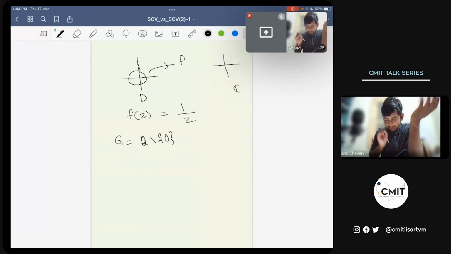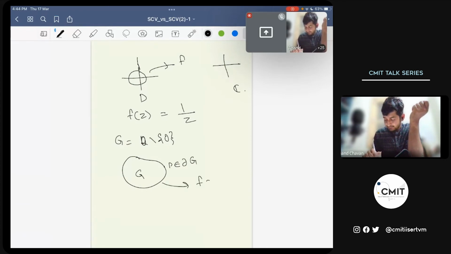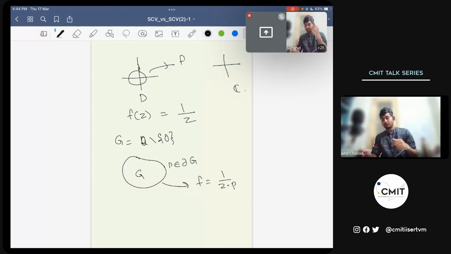Take any set in the complex plane, say this set, and consider just one point P on the boundary of G, and I will define a function f equal to 1 over z minus P. Now, if I want to extend this function to a bigger domain than G, I'll fail at the boundary. I have to surpass the boundary. So every set in the complex plane is a domain of holomorphy.